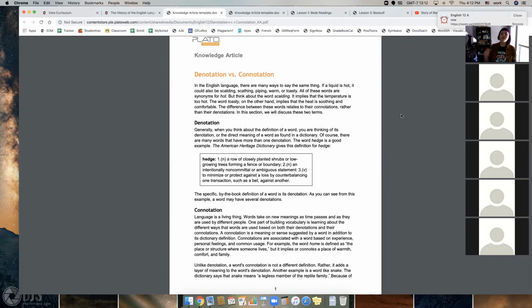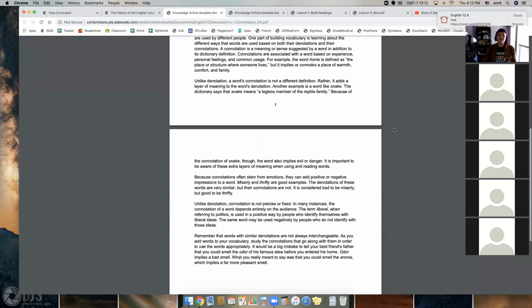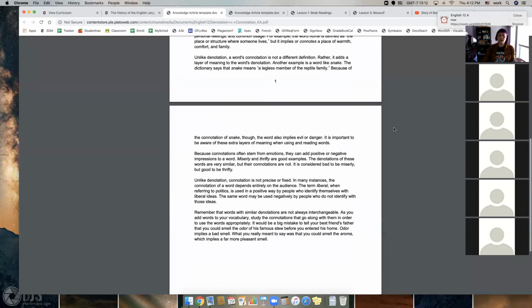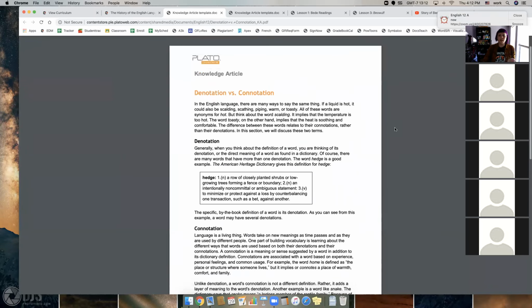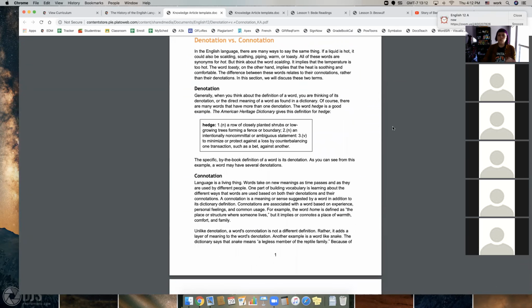Okay, so denotation is the dictionary definition of the word. I have a few examples of connotation and denotation that I like to use, and one of them is homeless person versus a bum. So one word is negative and one word isn't.